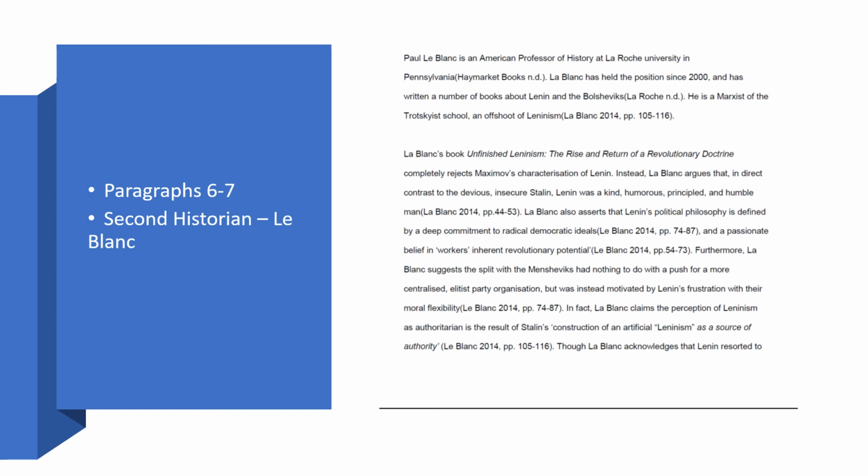Right? He's a Trotskyist, which is a different sort of socialist. He gives a brief biography of Paul LeBlanc, and then he talks about Paul LeBlanc's idea of Lenin, what Paul LeBlanc thought of Lenin. And what Paul LeBlanc thinks is different to what Maximov thinks of Lenin.